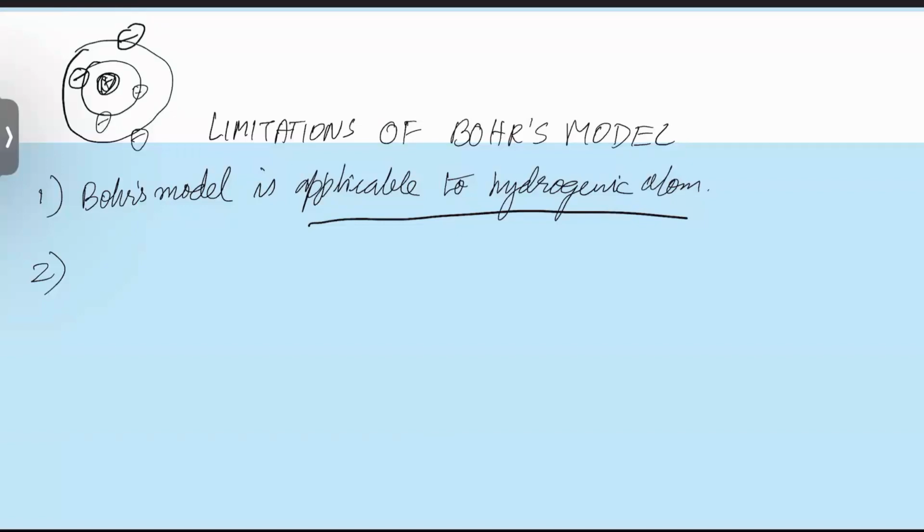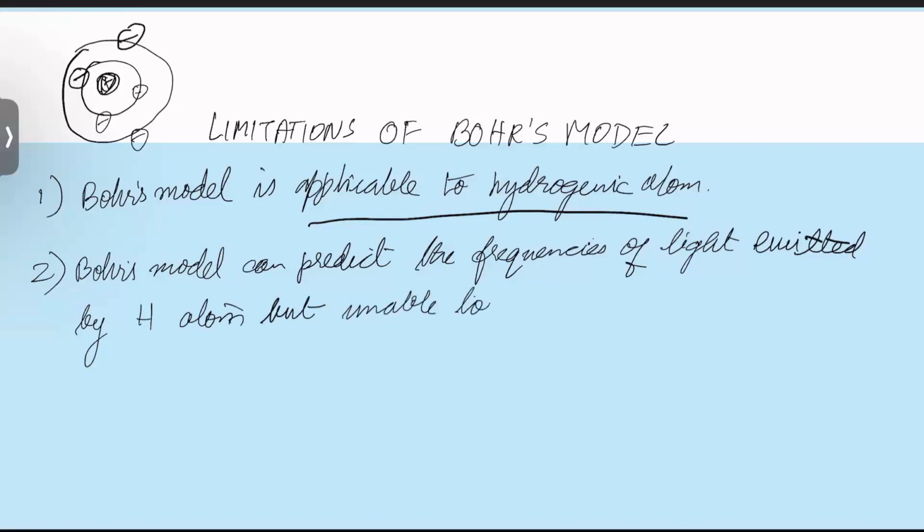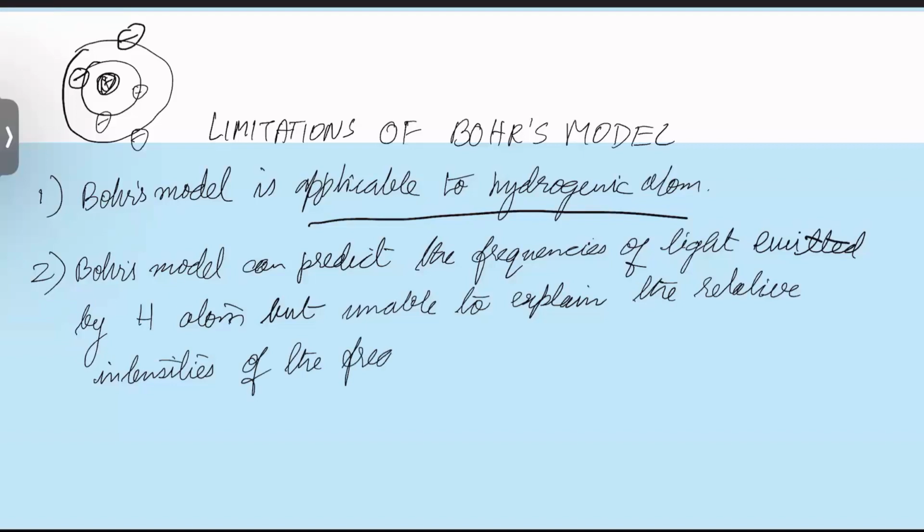So we can say Bohr's model can predict the frequencies of light emitted by the hydrogen atom, but is unable to explain the relative intensities of the frequencies in the spectrum.